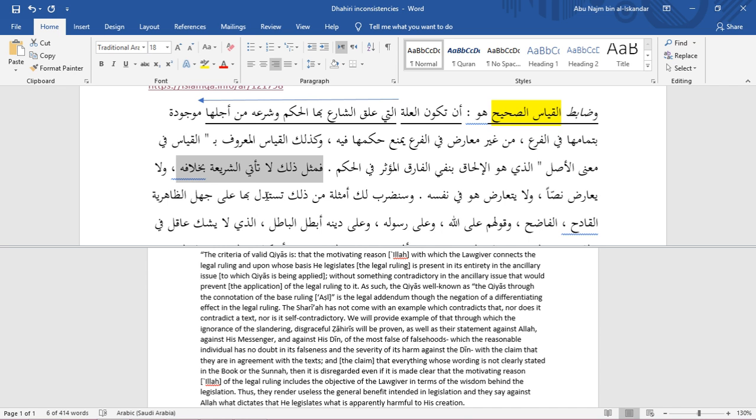You're not going to find an example in the Sharia where it specifically says do not apply this legal ruling to anything else.